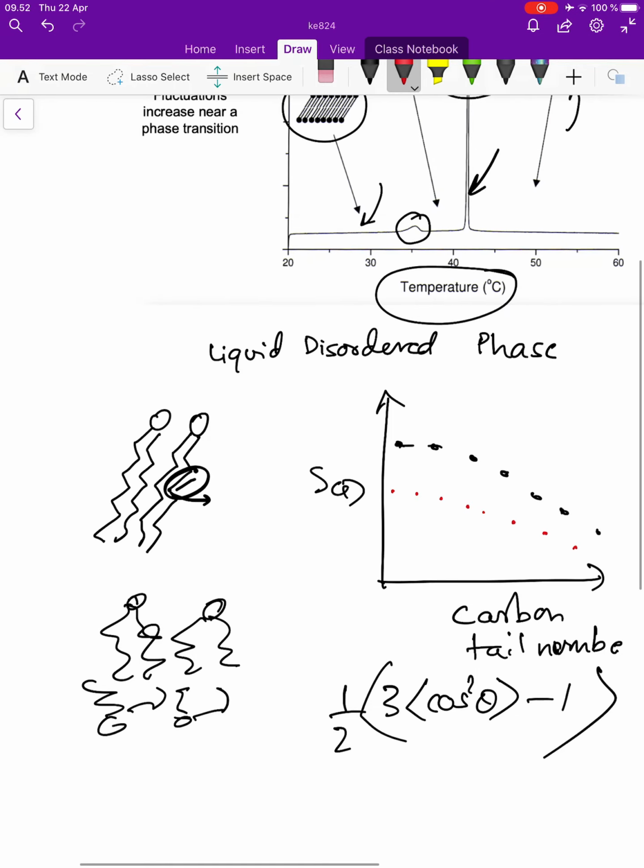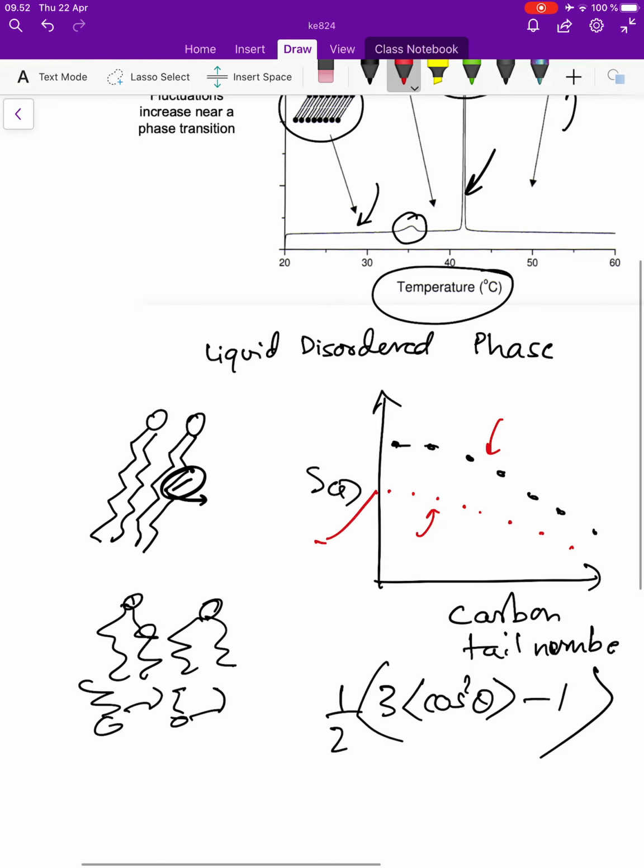So if you can measure the order parameters from a molecular dynamics simulation or from an NMR experiment, you can immediately decide whether the membrane is in the fluid phase or in the solid phase. This number here would be about 0.2, and this could be about 0.3 to 0.4.